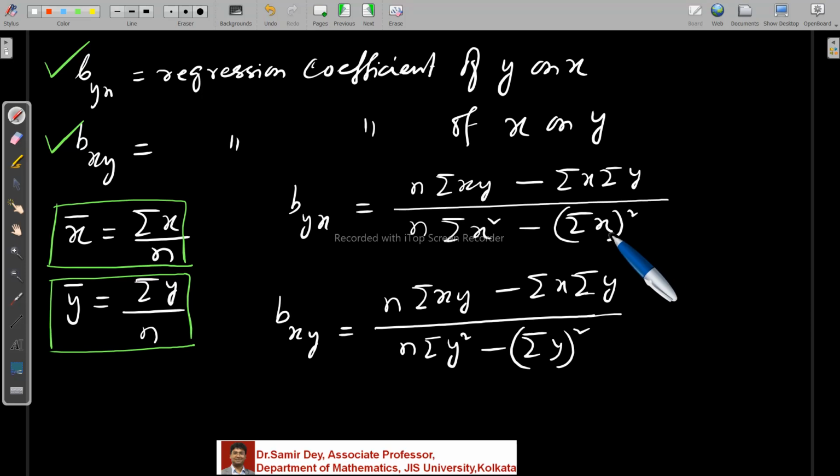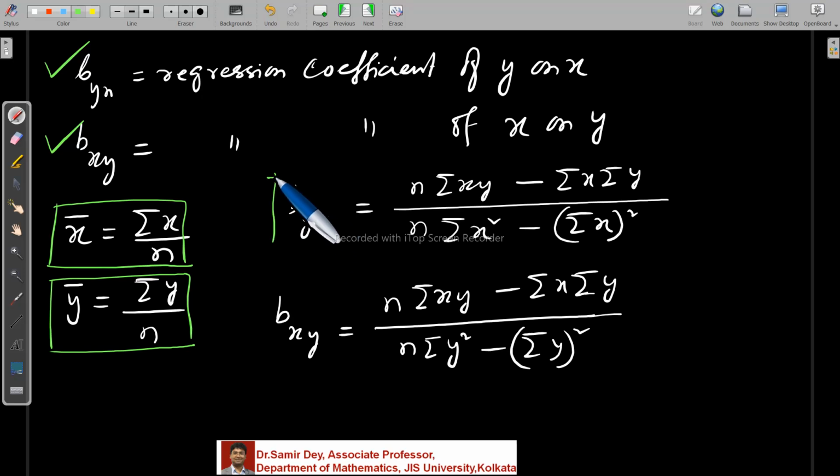There is no confusion. Just check which variable is coming last. In case of byx, all should be in x terms, and in case of bxy, y is coming at last. So please check. Is it clear to all of you?